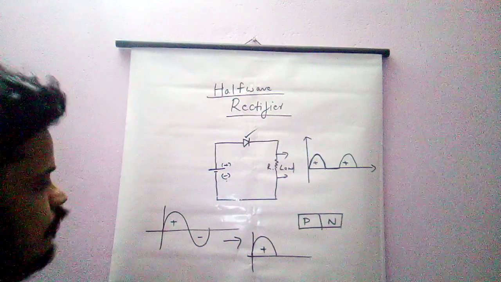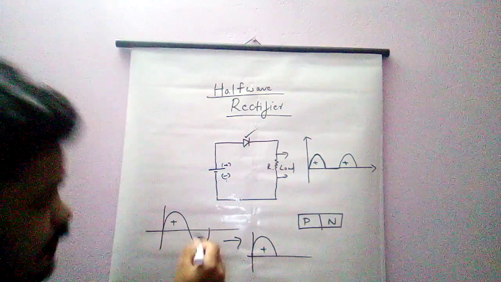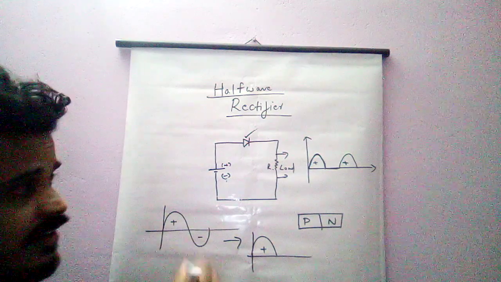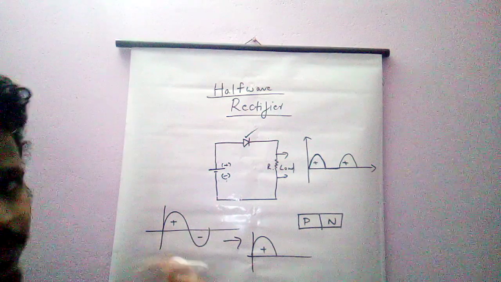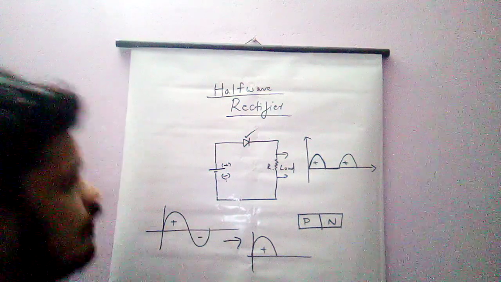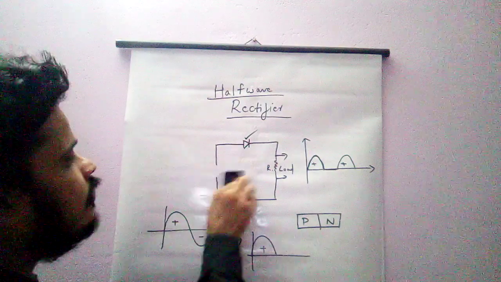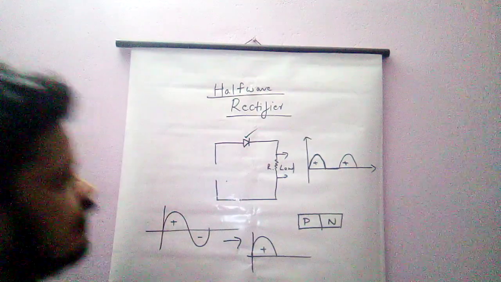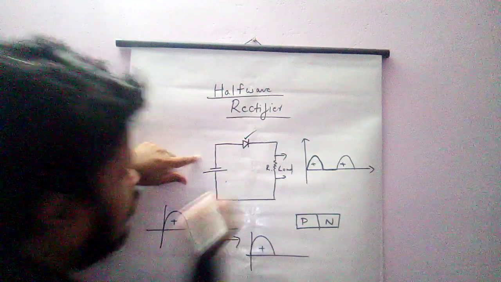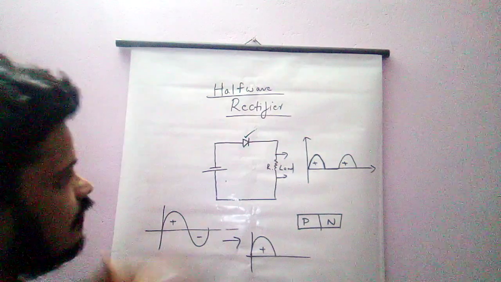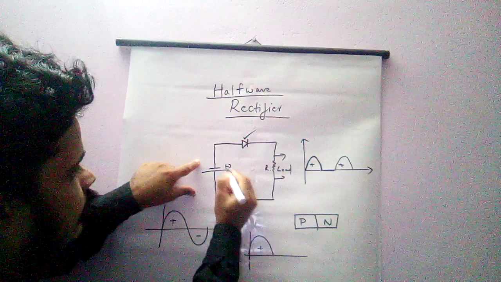Now what happens during the negative cycle? Once the positive cycle is over, the negative cycle comes. During the negative cycle the terminals of the battery get reversed: this is negative and this is positive.